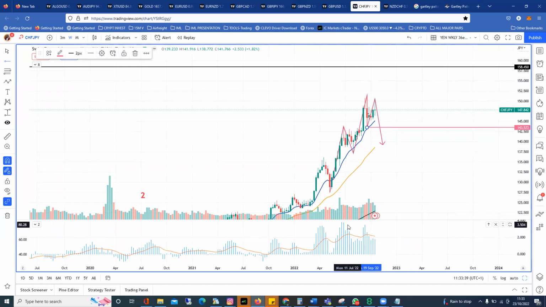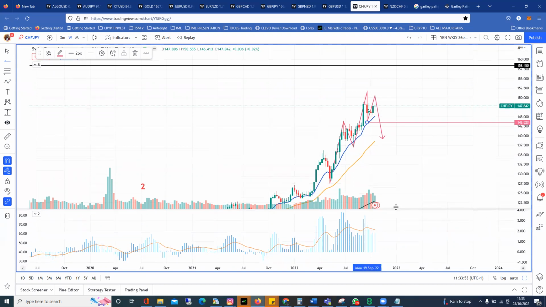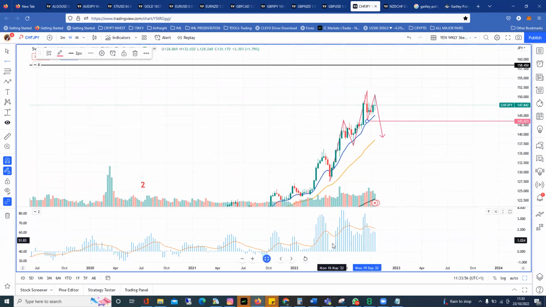Which means we are seeing divergence not just in the RSI, we are seeing divergence in the MACD as well, as the momentum is not strong anymore. The momentum is declining. Over here when we peak and then we sell off, the momentum peaks back above the previous MACD. All right, over here, and then what are those levels?